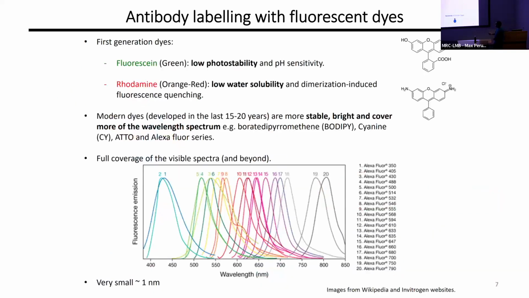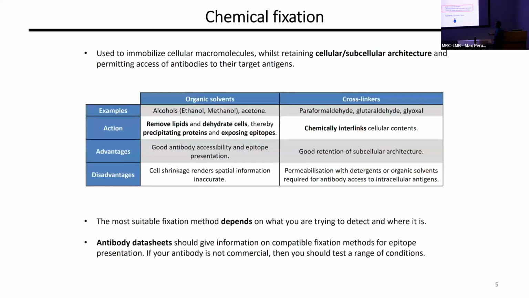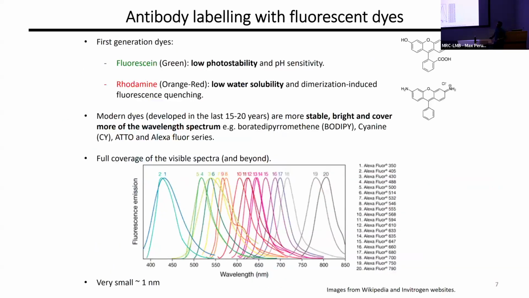Okay, so as I said, the antibodies are labeled with fluorescence. To have this fluorescence, you have fluorophores, which are molecules that are fluorescent. The first generation of fluorophores was mainly fluorescein and rhodamine, but they had low photostability and low water solubility, so they were not very good.